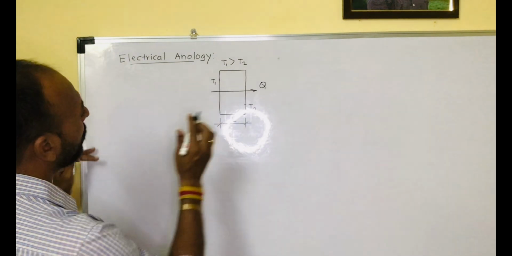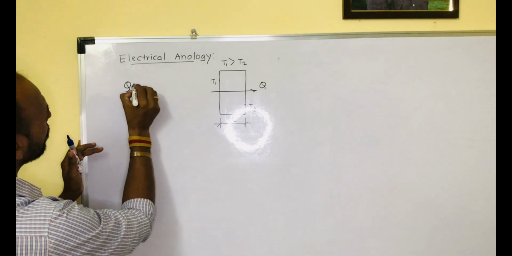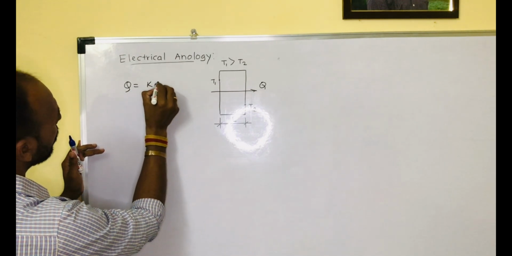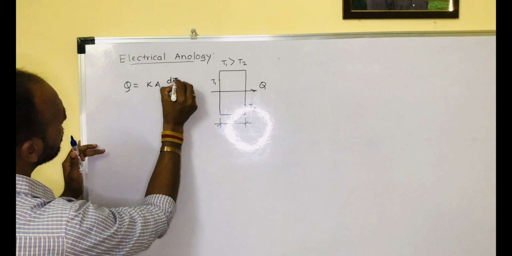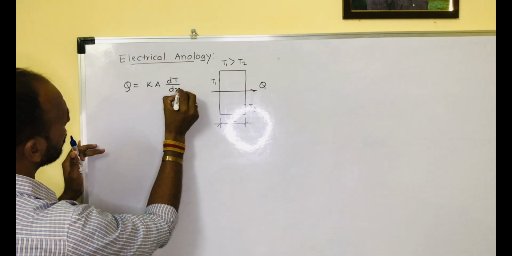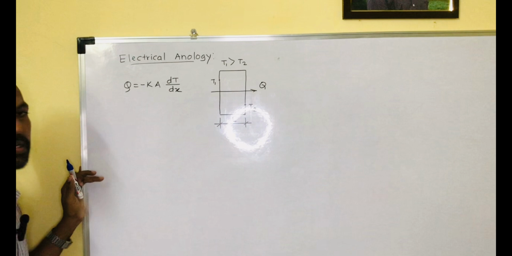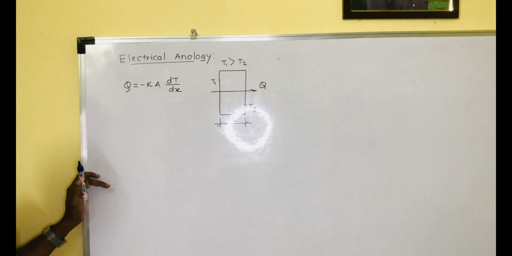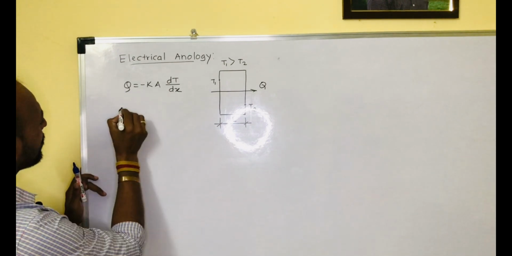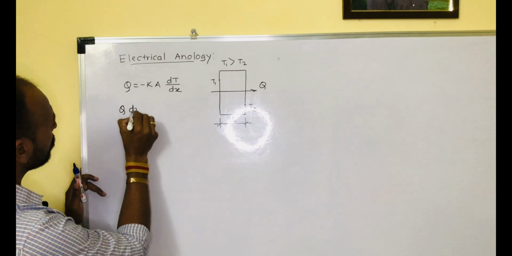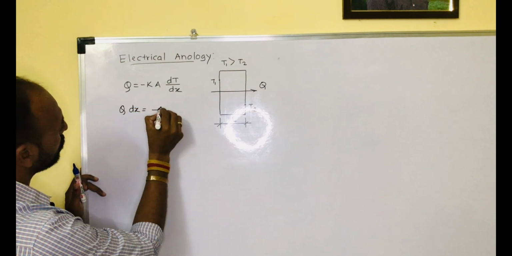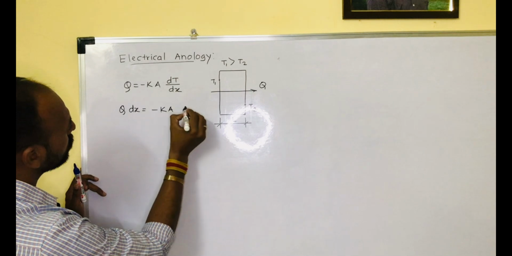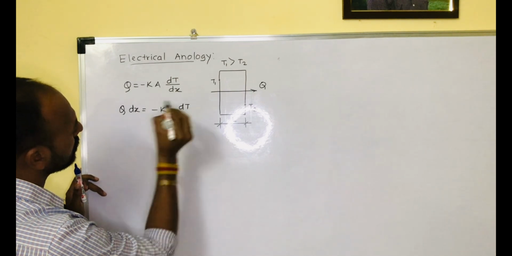From Fourier's law of heat conduction, Q is equal to K into dT upon dx, with the negative sign. After simplification, Q into dx is equal to minus K into A into dT.